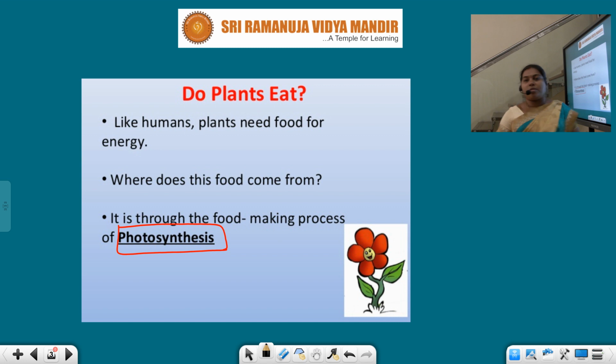Not only humans, not only animals, all the living creatures, in the sense plants, animals, microorganisms also require some food to get the energy. The process of taking the food by the organism and utilization of this food for their growth and development is nothing but nutrition.